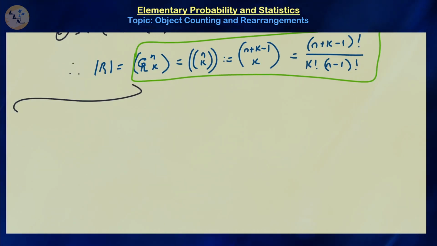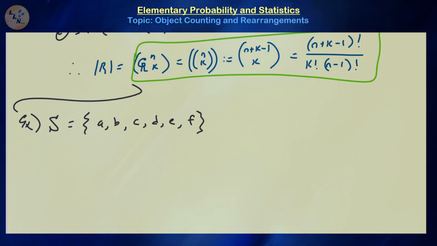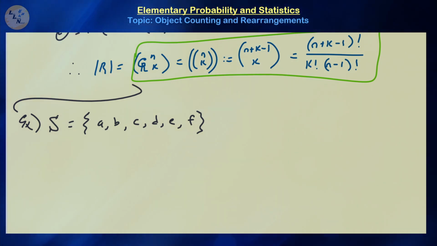So let's look at a particular example of this. Let's assume the set S that we're interested in selecting from collects the distinct elements A, B, C, D, E, and F. Now let's go ahead and choose 4 of them.